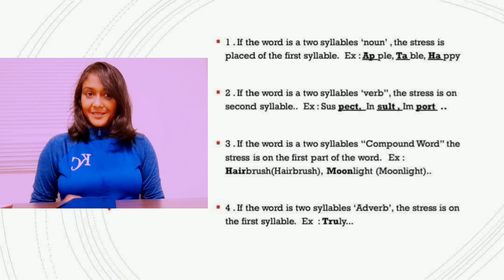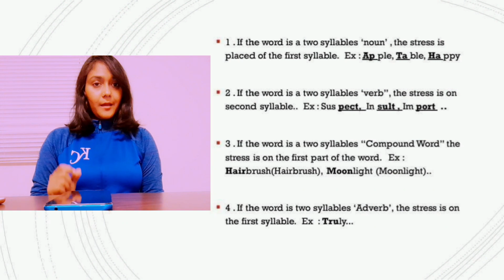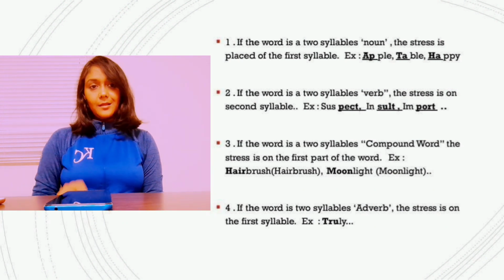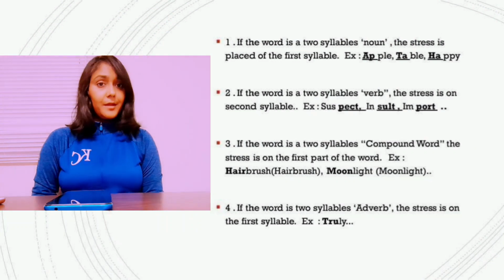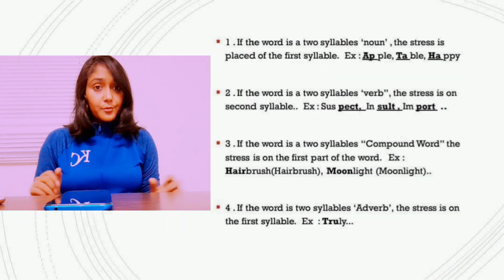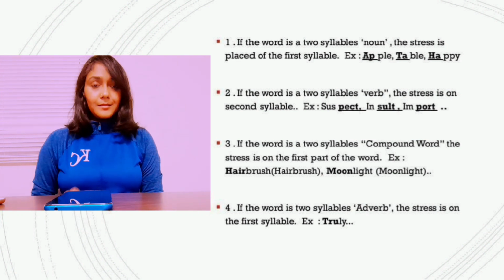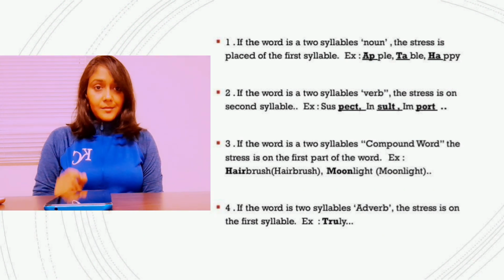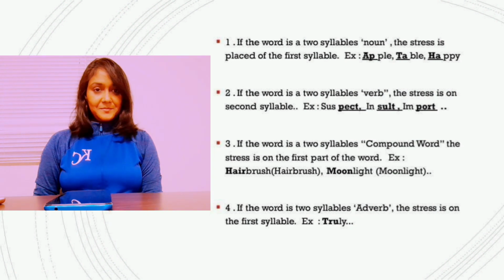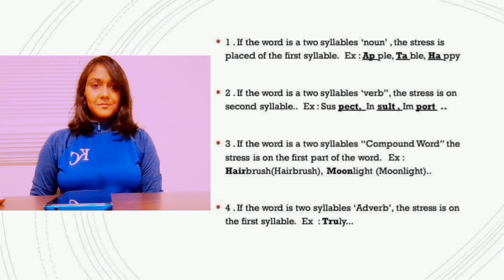Okay? Alright. Next one. If a word is a verb and it has 2 syllables. Again, if a word is a verb, and you all know what a verb is, right? So, if a word is a verb and it has 2 syllables, then the stress is always placed on the second syllable. For example, insult.